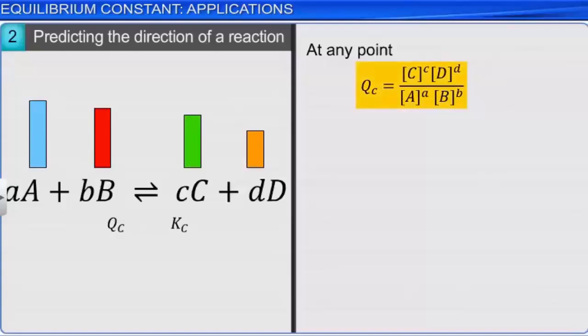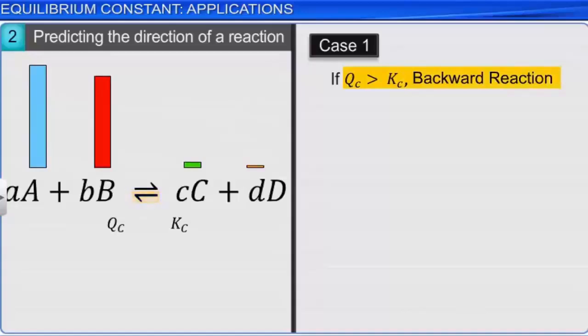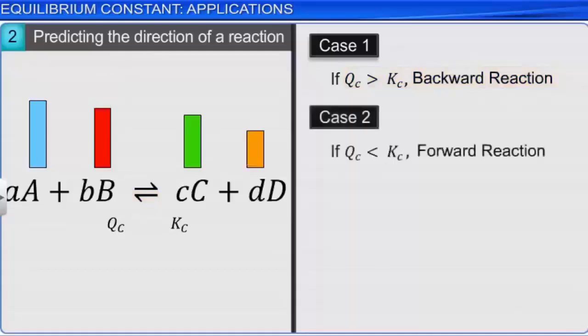Let us now examine how reaction quotient and equilibrium constant help us in predicting the direction of a reaction. If the value of reaction quotient Qc is greater than equilibrium constant Kc, it means that the backward reaction takes place. In other words, the reaction proceeds in the direction of the reactants. If Qc is less than Kc, it means that the forward reaction takes place.